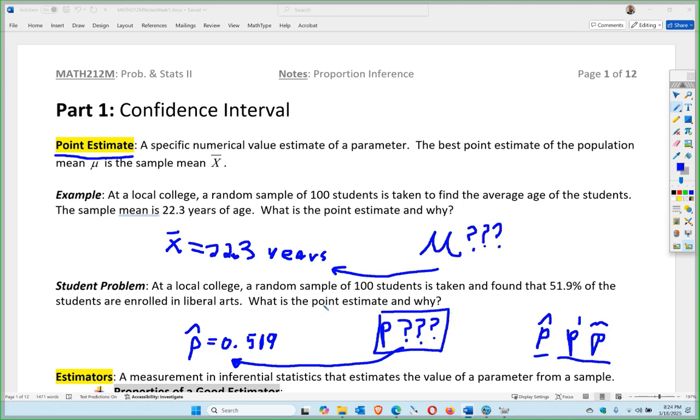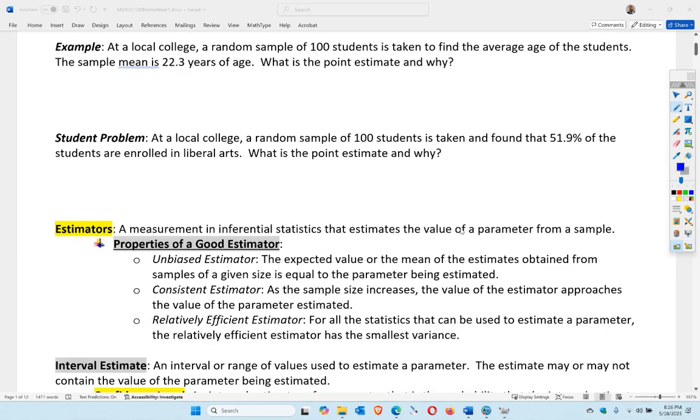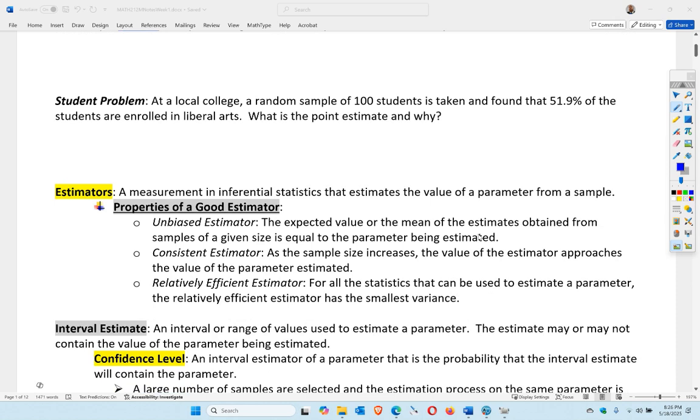Hence why in stats one they put the little bar above the x. It's the sample mean, as opposed to the population mean. Whatever estimator you're using, these are both estimators, right? They have to be unbiased, consistent, and relatively efficient, basically.